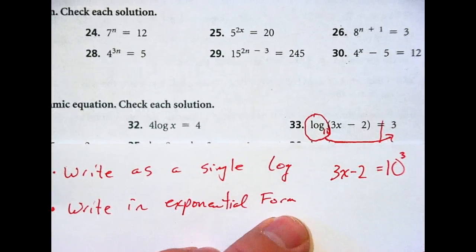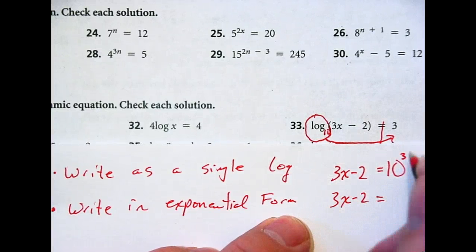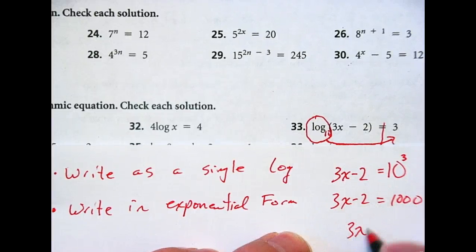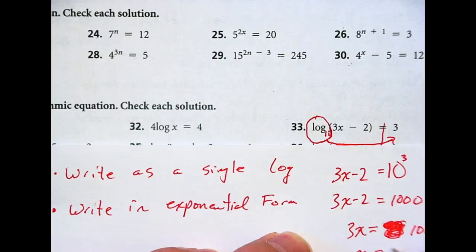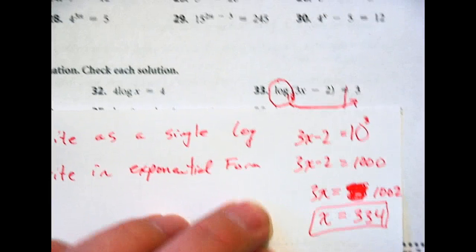So you have 3x minus 2 equals 10 to the third, or 1,000. 3x equals 9. Oops, not 9. Equals 1,002. Unbelievable. And then x is 334. Okay, so that's 33.